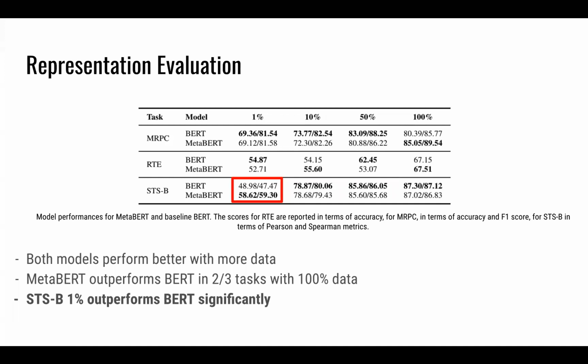As Tian mentioned at the beginning, one of the ideas behind meta-learning is the ability to use data sets with a low amount of data. However, counterintuitively, when we look at our results, we see that the only time MetaBERT outperforms BERT when only 1% of the data set is present is for the STS-B 1% data set.